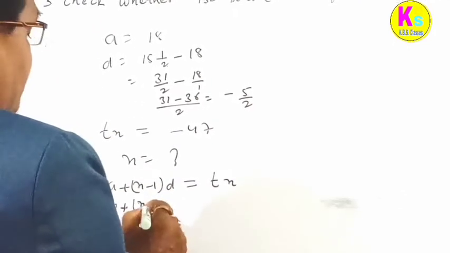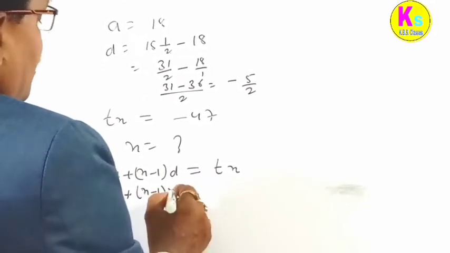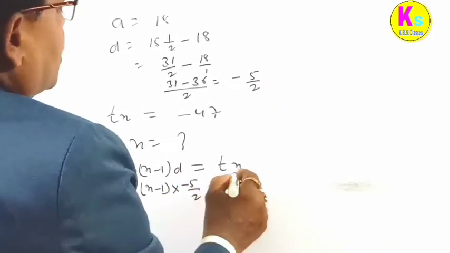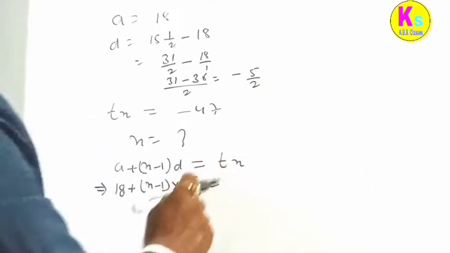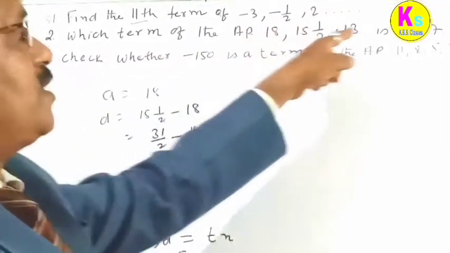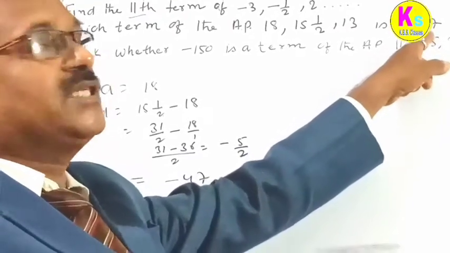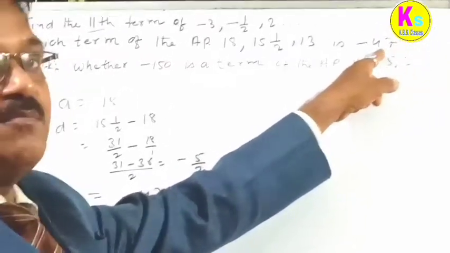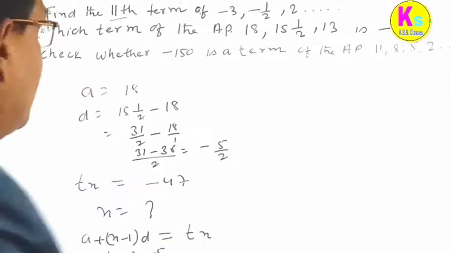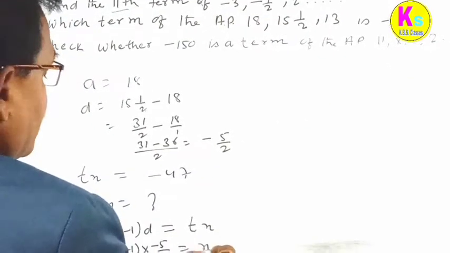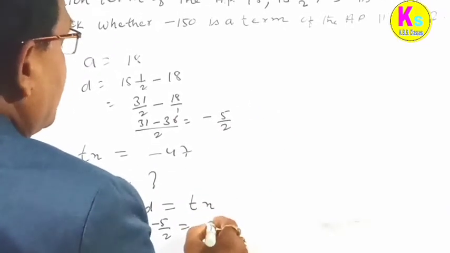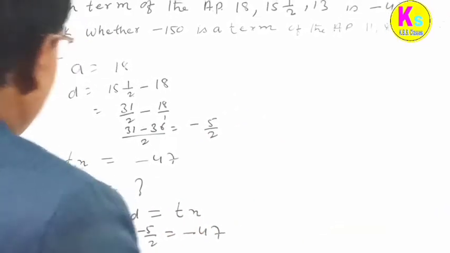So n minus 1 into D, which is known, minus 5 by 2, is equal to Tn, which is this one. Which term of the AP? Minus 47 is the last term, and you have to find out the number of terms, which term it is. It is minus 47.